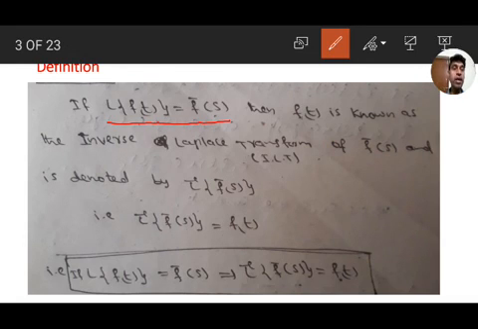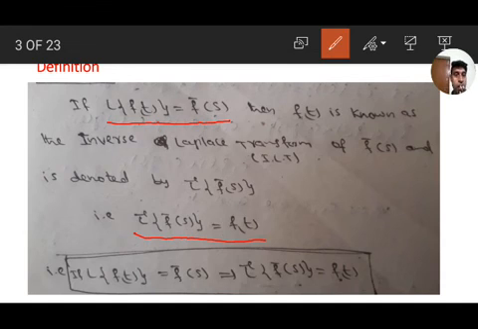If L moves to this side, we get L inverse of f bar s equals f of t, and it is the inverse Laplace transform of f bar s.